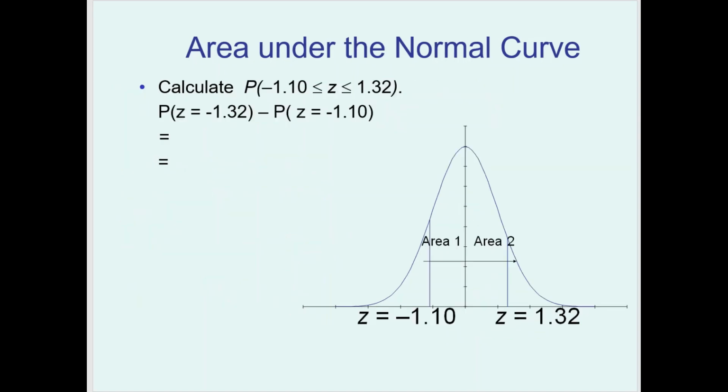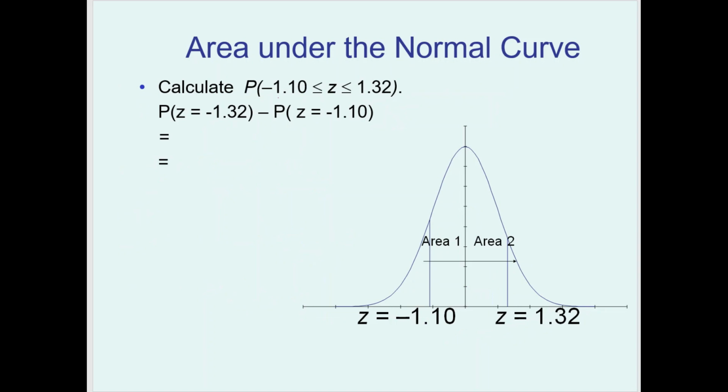We look at the second example. Calculate the probability between negative 1.10 and 1.32. If you look here, we have two areas shaded.